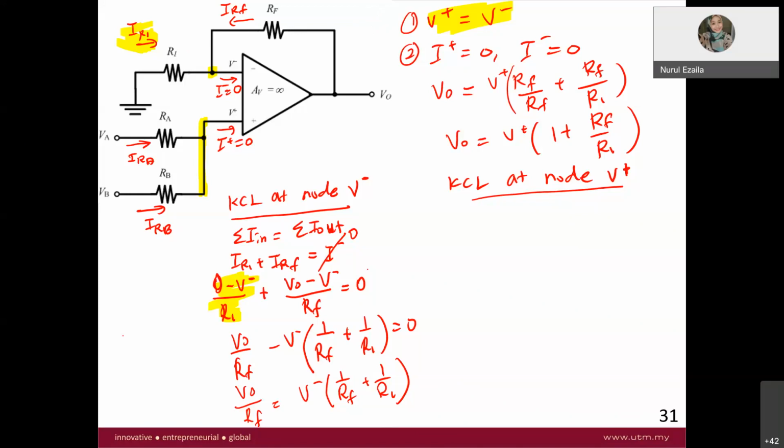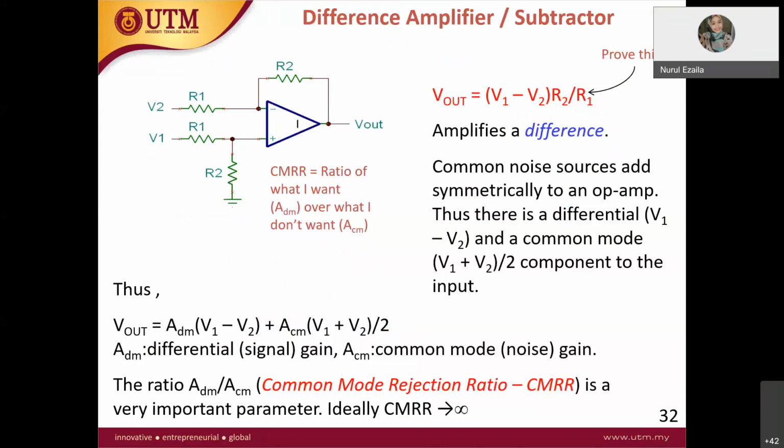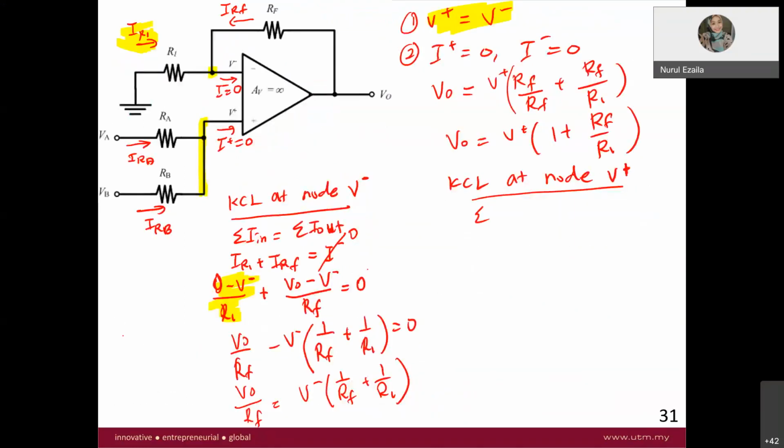Like I said, your current direction doesn't matter, up to you, as long as when you put the KVL it is correct. Current in is equal to current out. Current in is IRA plus IRB equals I plus, and in this case I plus equals zero.